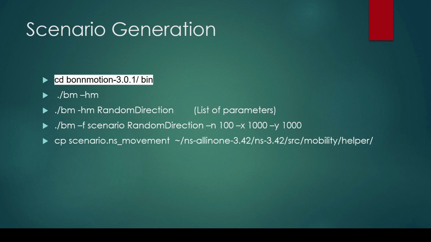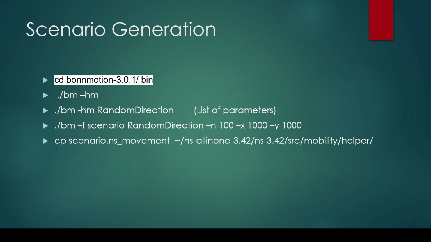In order to generate the mobility scenarios, we need to know the types of mobility that Bonnmotion supports. When you move into the bin directory, you will have the bm executable. You can run ./bm -hm.